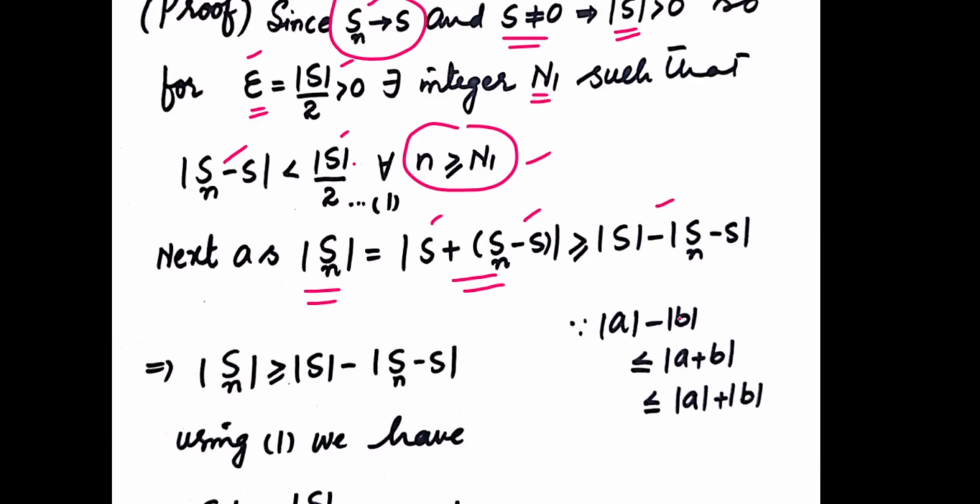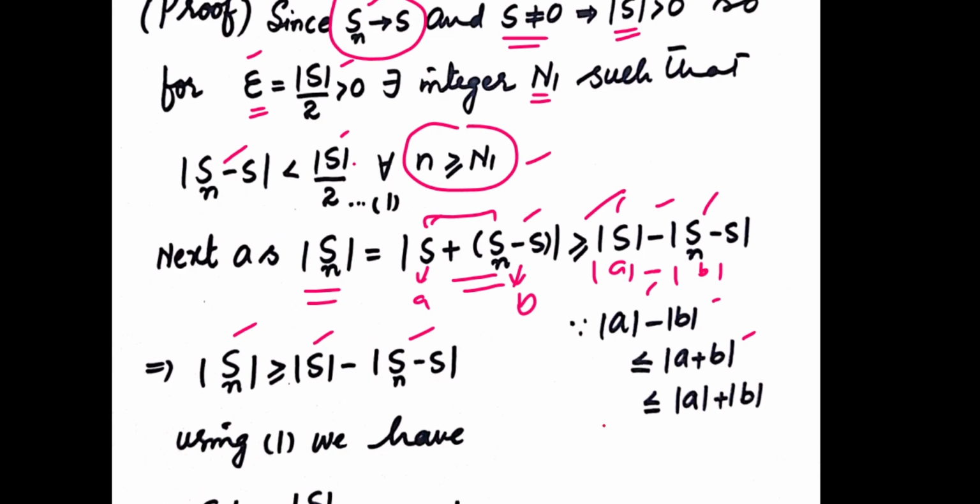We have a result: absolute A minus absolute B is always less than or equal to absolute A plus B. Applying this result here, the first number is A and the second bracket is B. So absolute A plus B is greater than or equal to absolute A minus absolute B. So this becomes absolute Sn greater than or equal to absolute S minus absolute Sn minus S.